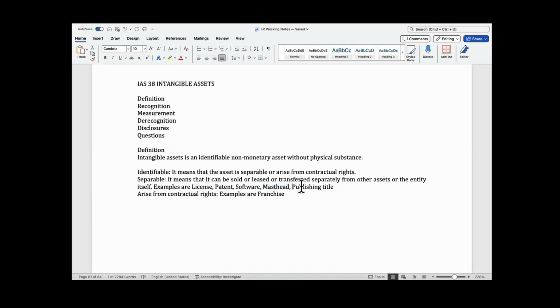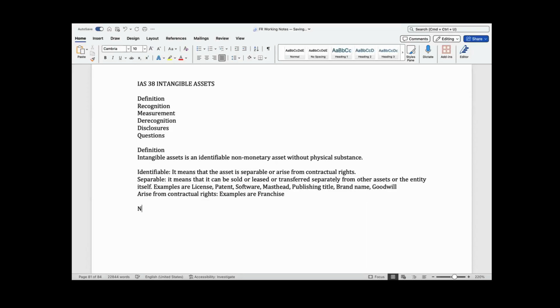When it comes to publishing title, it is the brand name itself, like Punch, like Guardian, like Business Day. That's a publishing title. And for other companies, they call that brand name. There is also goodwill as well. There are a lot of examples of intangible assets.